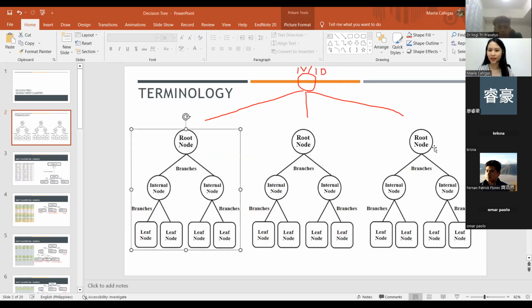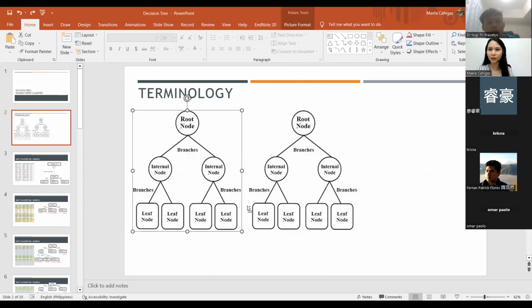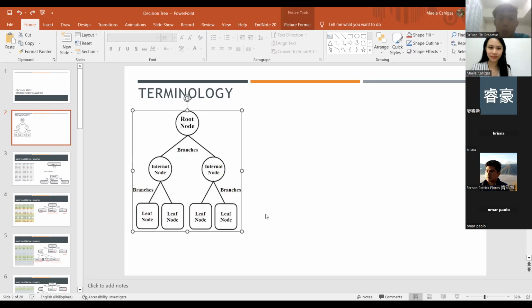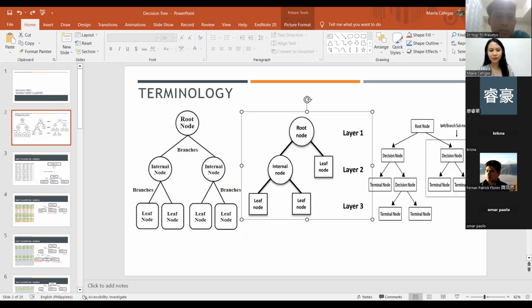Okay, so any questions up until this part, before we continue to next week for the computation? No questions. Okay, it's already okay, Doc Yogi. So the next part would be about the coding.